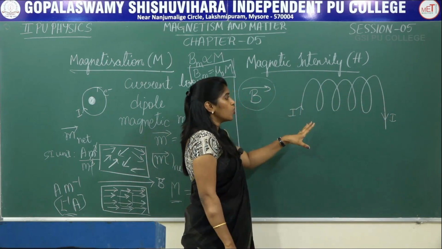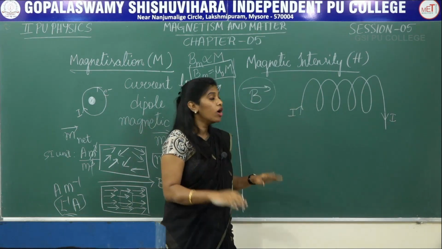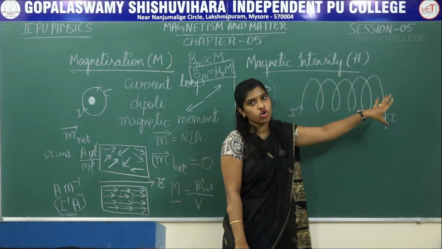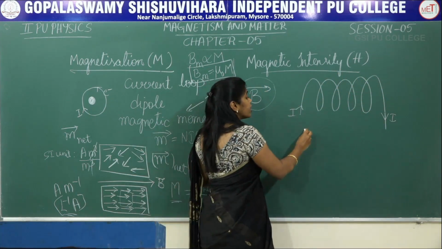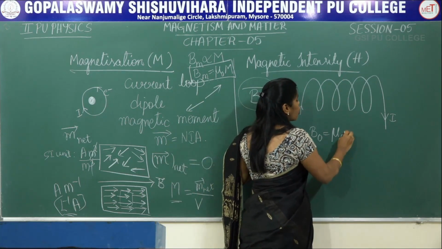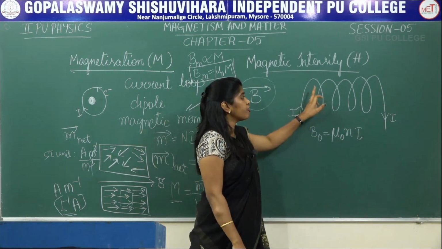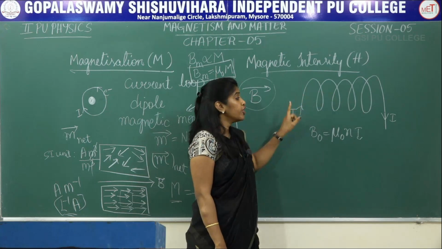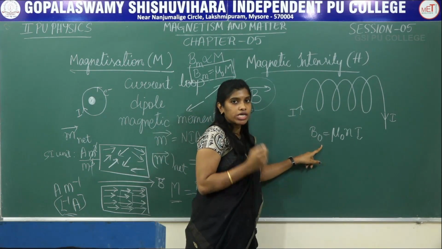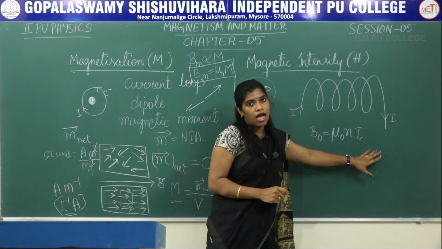Then as you all know, the magnetic field outside the solenoid is always 0, and the magnetic field at the center of the solenoid will be very strong, and the magnetic field produced inside the solenoid is given by the formula mu naught N I. So let me consider the magnetic field produced by this solenoid due to the current which is flowing in it as B naught, which is equal to mu naught N I.